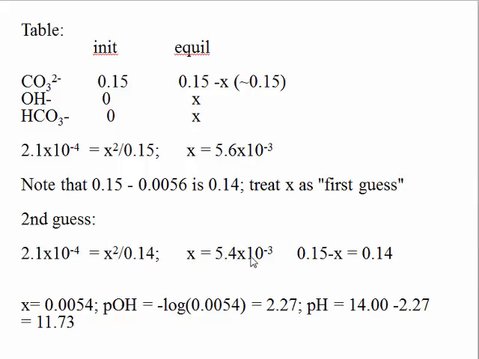We get X is 5.4 times 10 to the negative 3. 0.15 minus X is still 0.14. We'll call X 5.4 times 10 to the negative 3. We get a pOH of 2.27 and a pH of 11.73 is predicted for this solution.